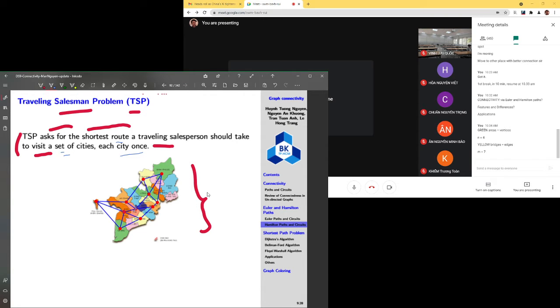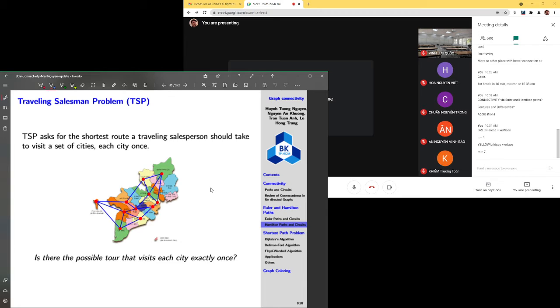Then we can formulate that by using the Hamilton graph concept. Okay? A tour means a circuit. In real life we say a tour, but in mathematics we say a circuit. So we start from Ho Chi Minh City, you travel a few days, maybe a week, to many cities.